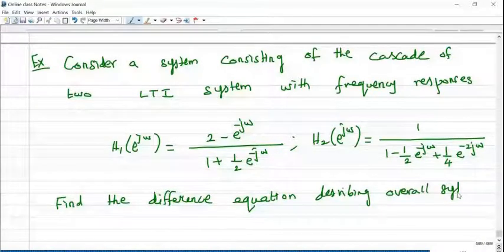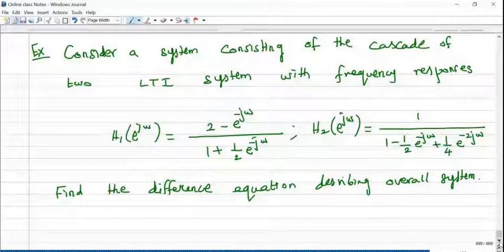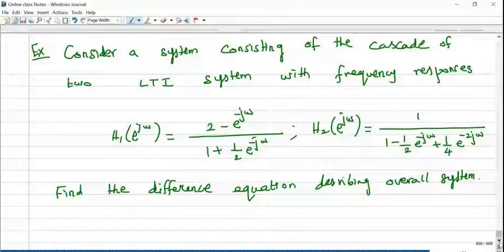So in the previous two problems, the difference equation was provided and we found the transfer function H of e power j omega. Now H of e power j omega is provided, so we have to find the difference equation. First, let us understand the question.